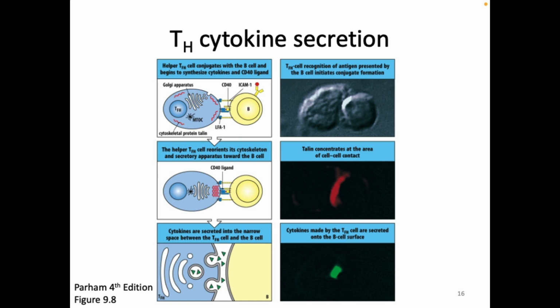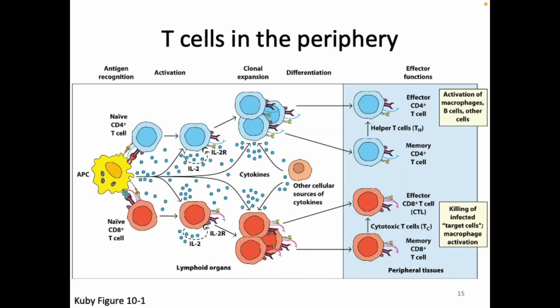When the T cell comes out of the thymus, it is not one of these types. It's just a plain old CD4 T cell. However, when that CD4 T cell is getting activated, when it's going through this activation process, it is going to get a signal that tells it which kind of helper T cell it needs to become.